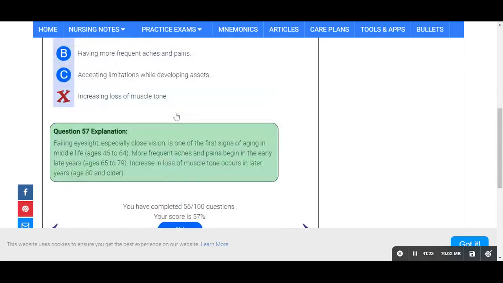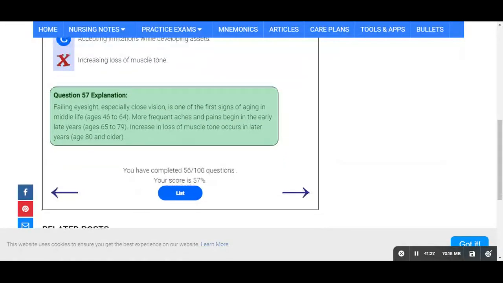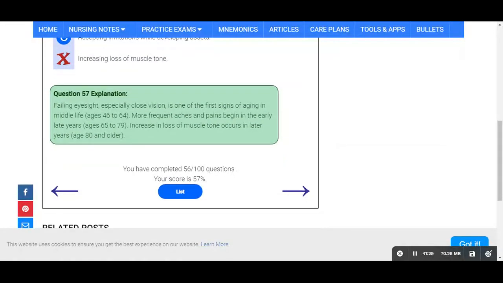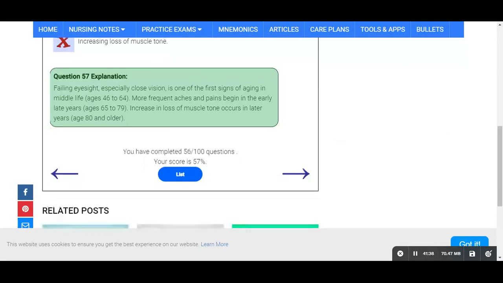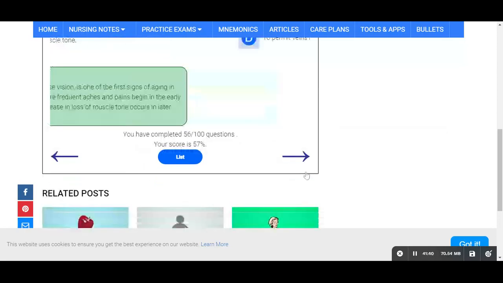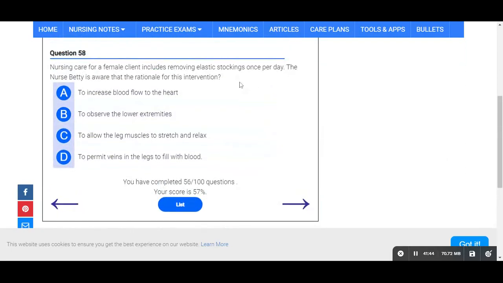No, failing eyesight is the first one. Failing eyesight, especially close vision, is one of the first signs of aging in middle life, ages 46 to 64. More frequent aches and pains begin in the early late years, 65 to 79, and increased loss of muscle tone occurs in later years, 80 and older. I'm so sorry for answering that. Okay, now, again, eyesight is the first sign.